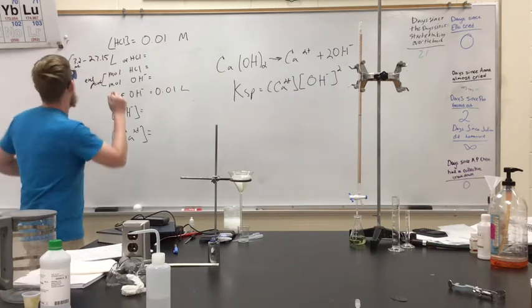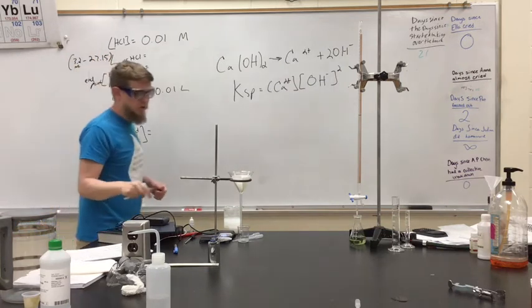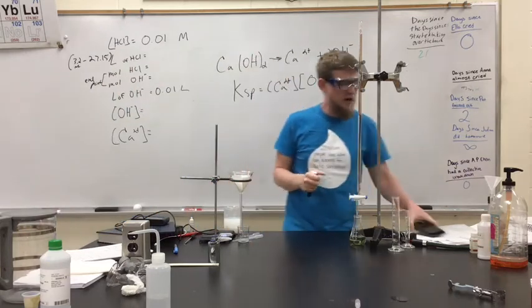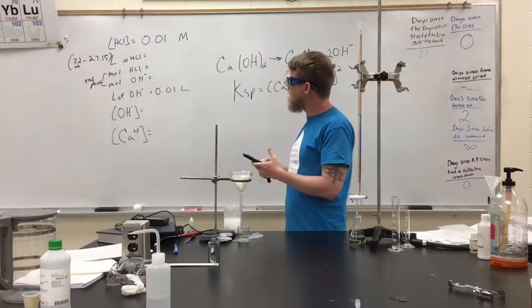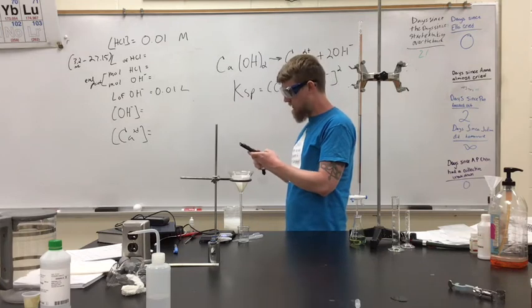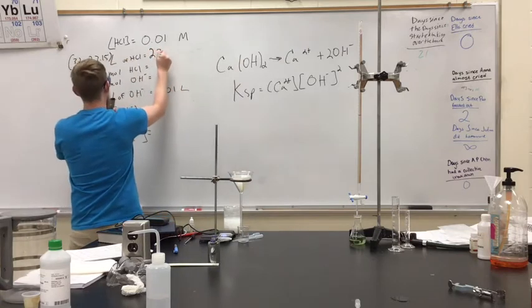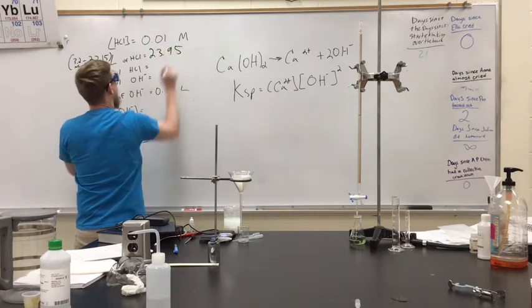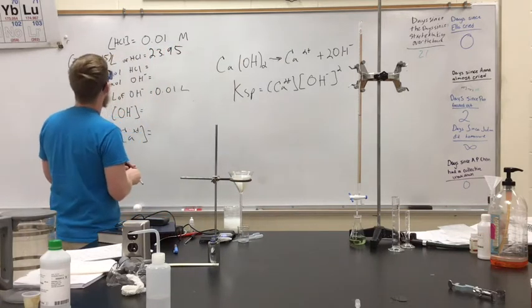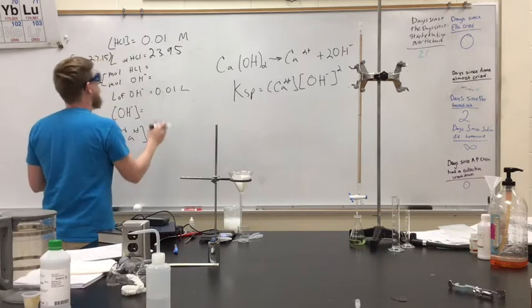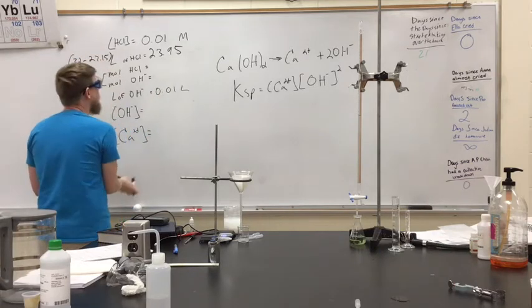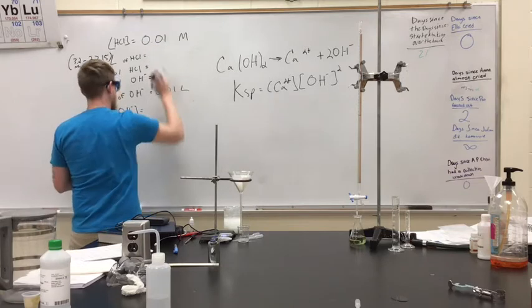All right, so we're just going to quickly subtract these two numbers and get our total volume of HCl that we used. So 27.15 minus 3.2, and we get 23.95, right? And then we're going to turn it into liters, because we don't want milliliters.